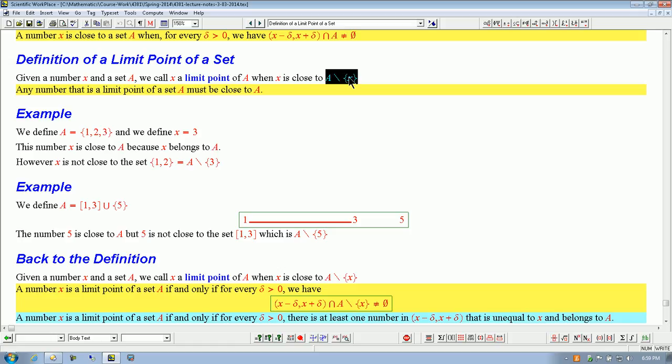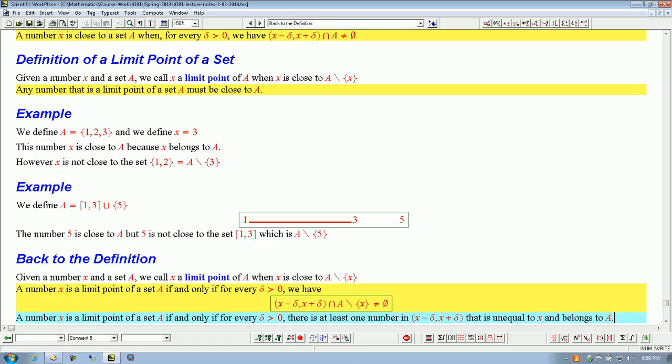So what are you if you belong here? You're a member of A unequal to the number x. So for every delta greater than 0, there is at least one number in that interval that not only belongs to A, but is not x itself. Okay?